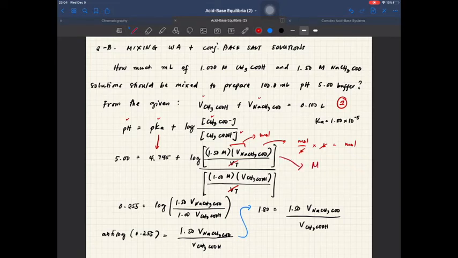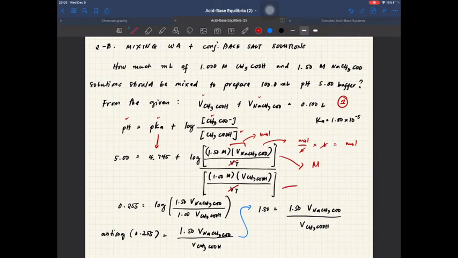And same with that of the denominator. So you have 1 molar times volume of acetic acid in liters over total volume in liters. So finally, you get a molarity term for the denominator. So this one is molarity of acetic acid, and for this one, it's molarity of acetate in the numerator.